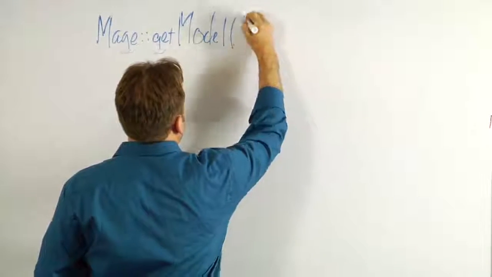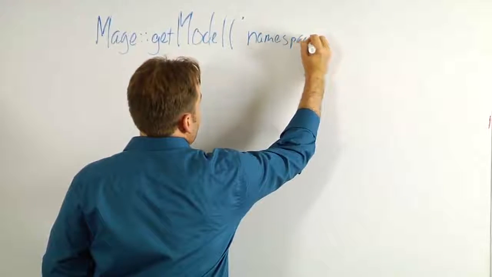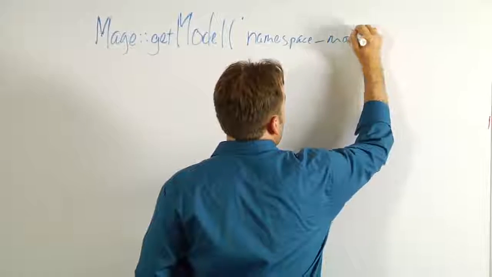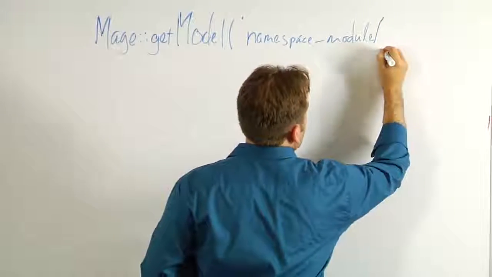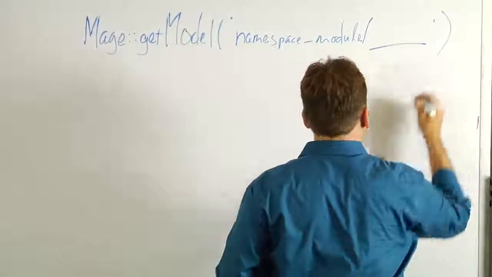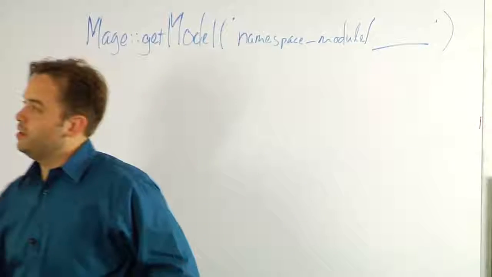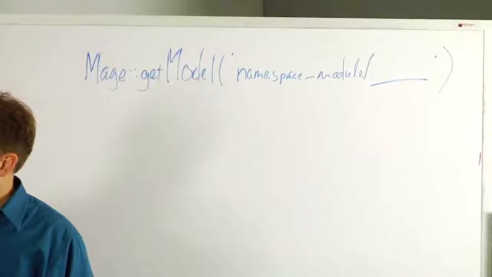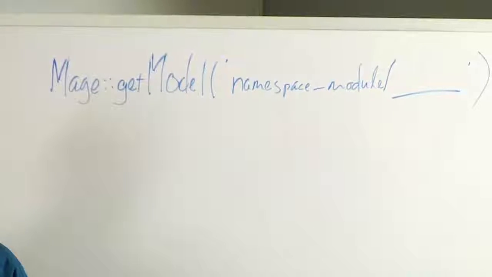Get model. And in this case, I would have to say namespace module. And then whatever I'm going to instantiate after that. And then the system, of course, based on what I've provided here, is able to connect models, namespace module with this class, with this path to my files.